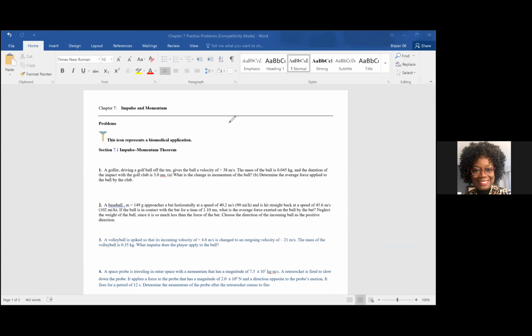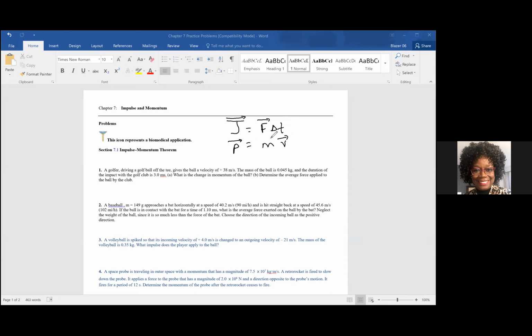We said that we define impulse, which is a vector, as F times delta T. And then we define momentum as mass times velocity.